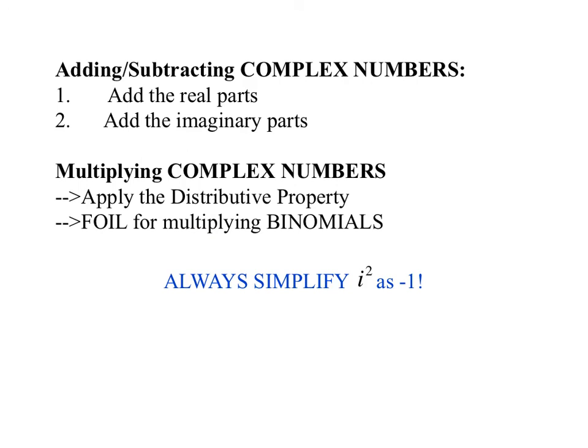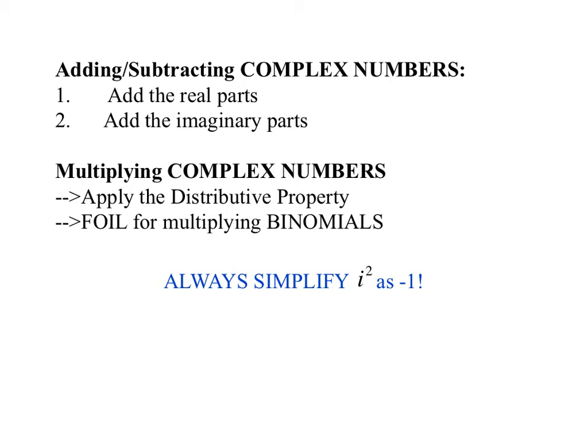We're going to do some adding and subtracting with complex numbers, then we'll also do some multiplying. So a couple process rules here. Adding and subtracting, you're basically going to add the real parts and then add the imaginary parts, and you'll probably be left with a binomial expression.